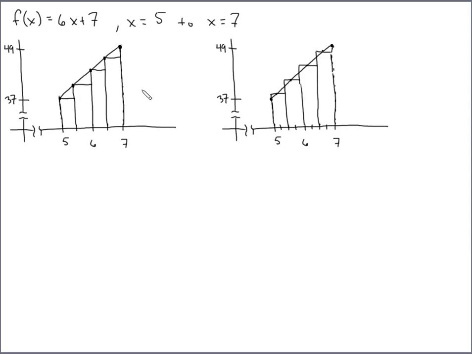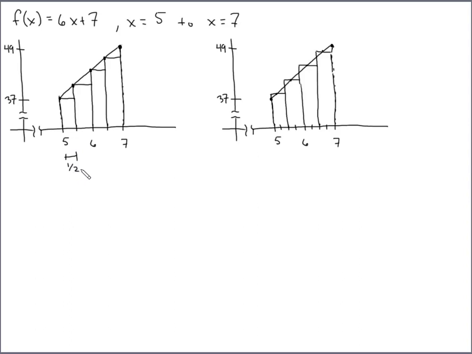What I've got drawn here on the left is the left endpoint approximation. So we've got 4 rectangles. Since it's only 2 wide here, each rectangle has width 1/2. With the left endpoint, the first one we plug in is right at the very left end of the interval at 5. That gives a height of 37 for this rectangle here. Again, each one has width 1/2.